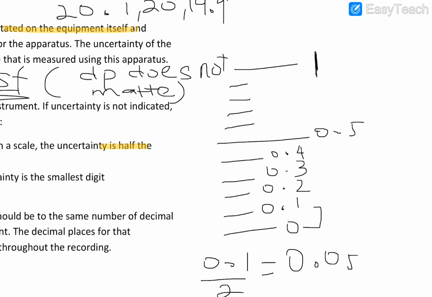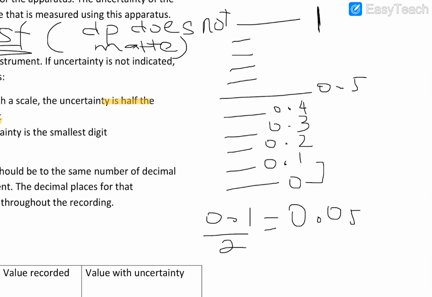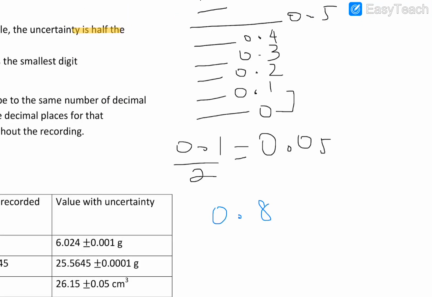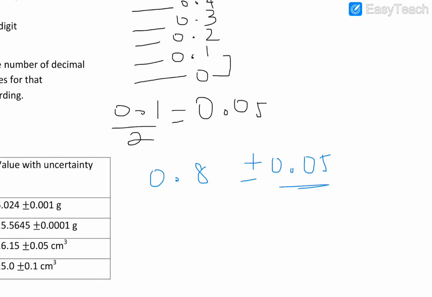If I'm reading something, let's say the volume being measured is this value, this would be 0.8. When I record it, I will record it as 0.8 plus minus 0.05. Now the uncertainty is 2 dp, and it's 1 SF, so it's good, but my value should be the same dp.